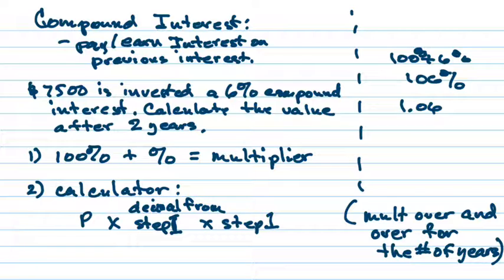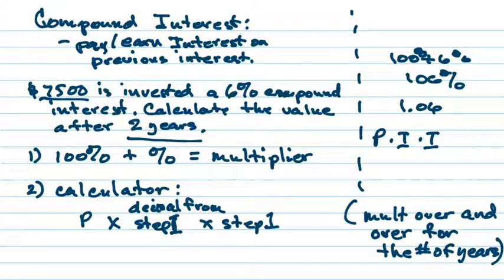What was our principal? 7,500, yeah? And how many years are we going to keep that money? So that means we're going to multiply times that increase how many times? 2 times. So it's the same as an increase, but you're going to be increasing more than 1 time. So we're going to take principal times the interest again. Right? So what if it was 4 years? Yeah, times that decimal 4 times.